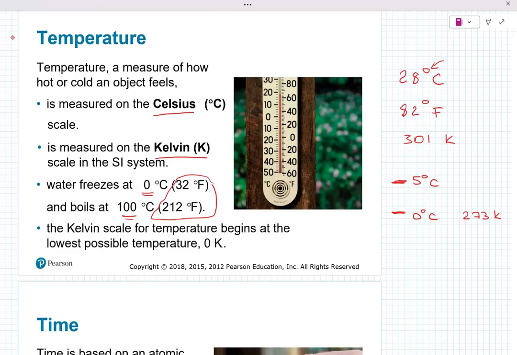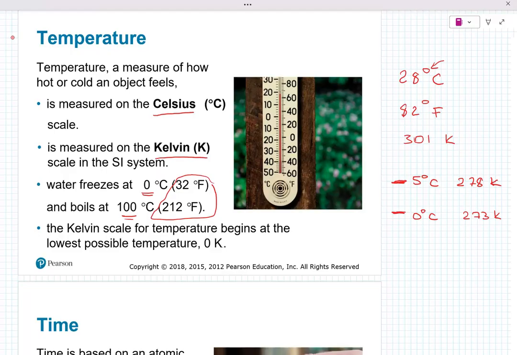Right? 1, 2, 3, 4, 5. Okay? All good? In Kelvin, we use the same 5 steps. So it's going to be 278 Kelvin. So one step on the temperature scale, whether it is Celsius or Kelvin, the step is the same. We start at a different point. Making sense?